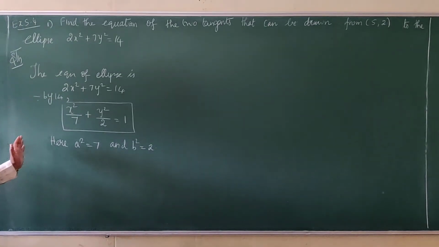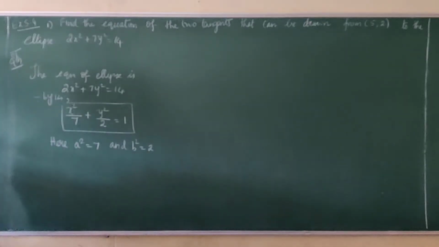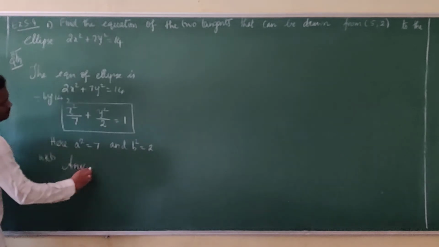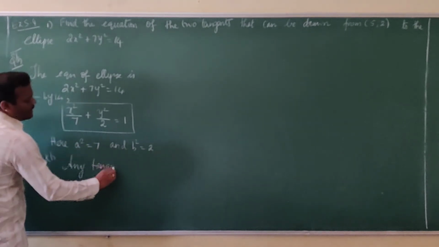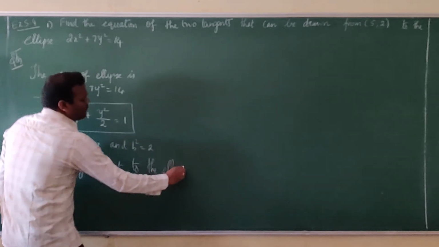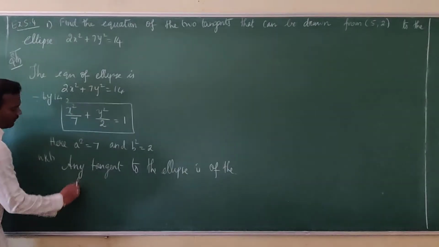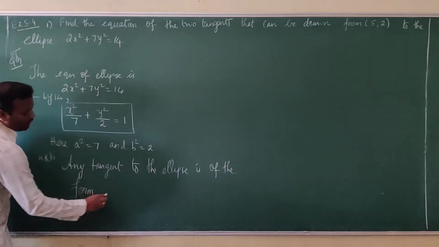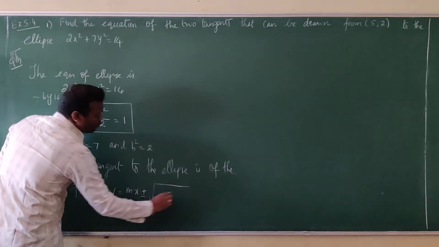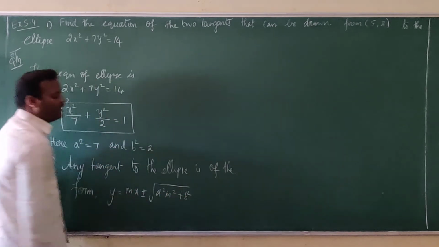Okay. So now we are going to write the standard form of the tangent to an ellipse. We know that any tangent to the ellipse is of the form y = mx ± √(a²m² + b²).